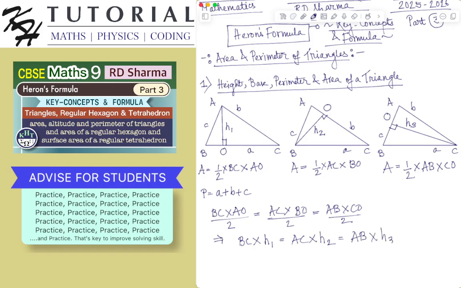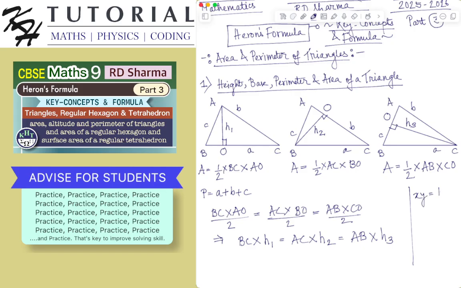Now this is a very important relation, that is the product of the side and its corresponding altitude is equal for all the sides in a triangle, or you can say that the product of the side of a triangle and its corresponding altitude, they are in inverse variation. So we know from the chapter of ratio and proportion, if two quantities x and y vary inversely, that is they are in inverse proportion, then their product is constant.